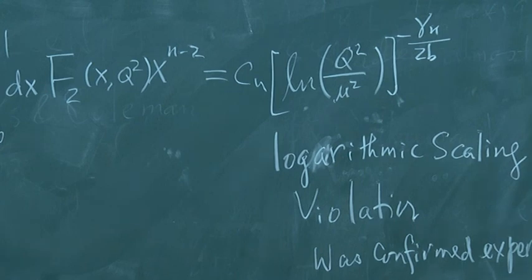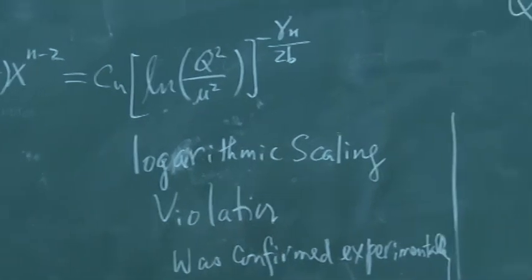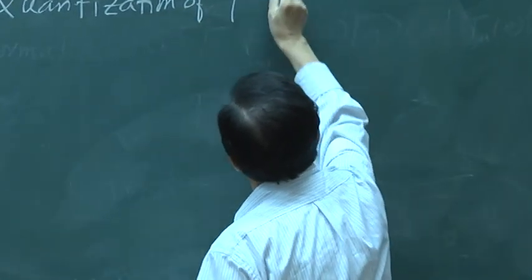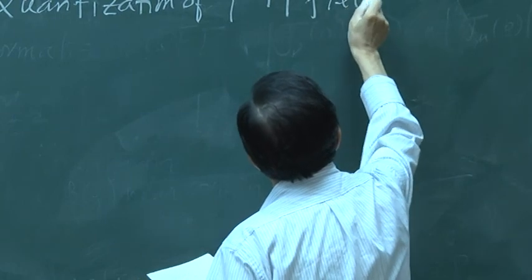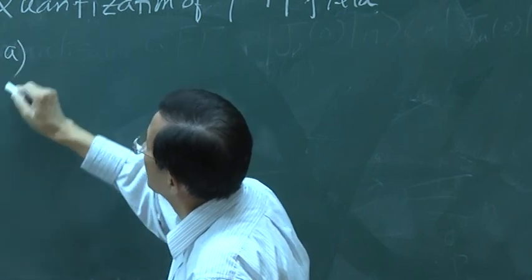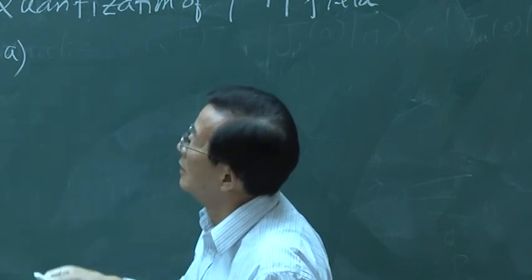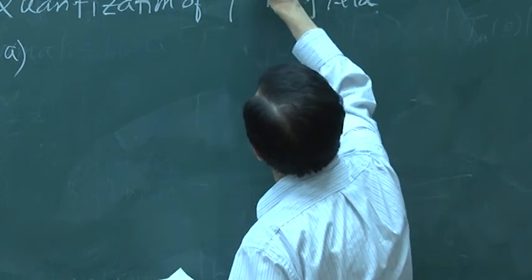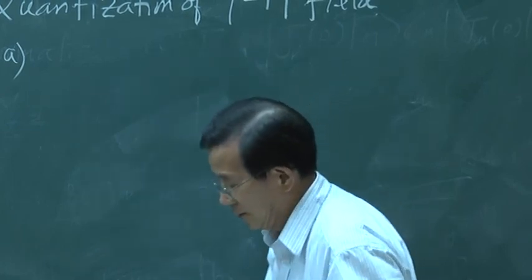Now, I was going to talk a little bit about the quantization of the Yang-Mills field. Well, you know, this theory was proposed in 1954 by Yang and Mills.